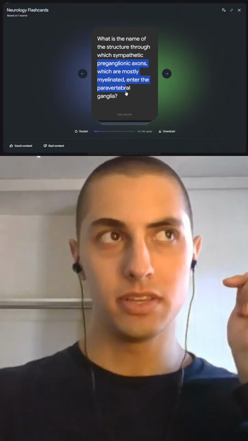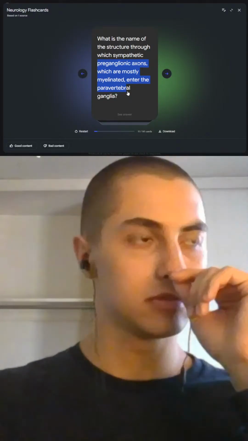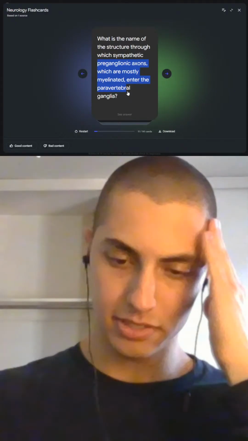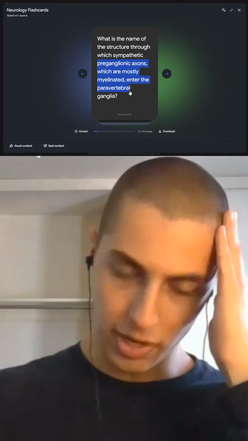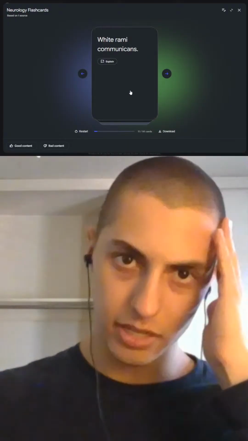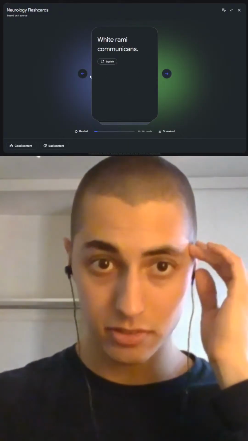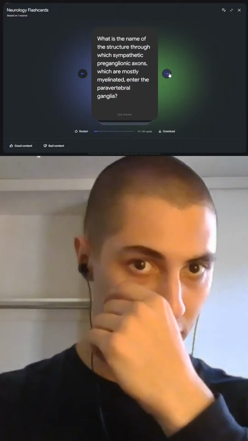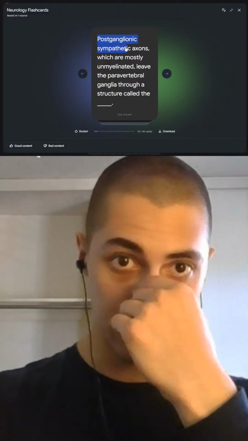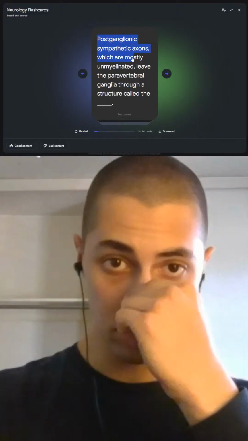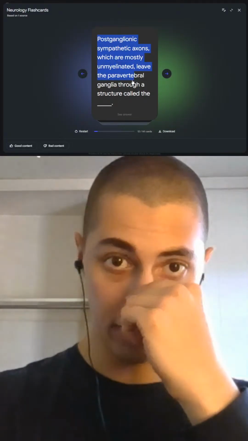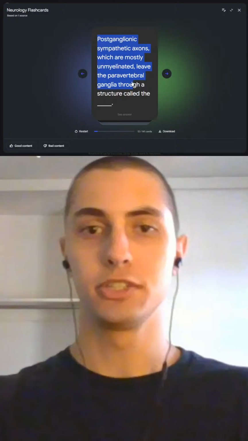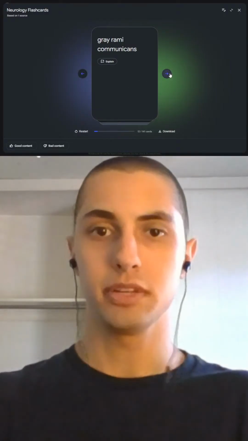The something communicans. Not ansa subclavia, that's a different structure. Rami communicans. Yes, white rami communicans. That's the name of the structure through which sympathetic preganglionic axons enter. Postganglionic sympathetic axons, mostly unmyelinated, leave the paravertebral ganglia through a structure called the gray rami communicans.